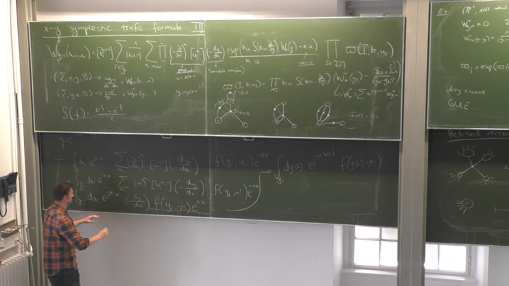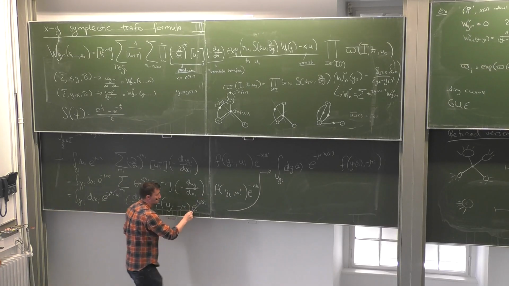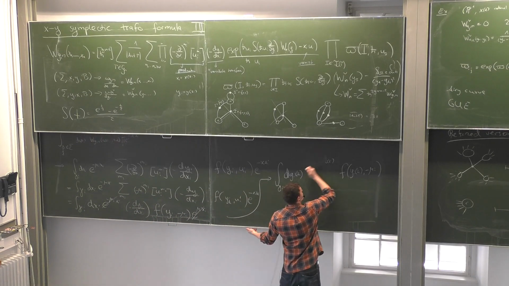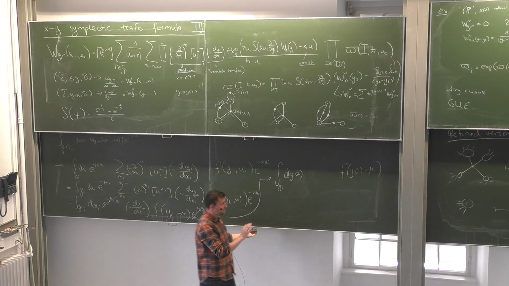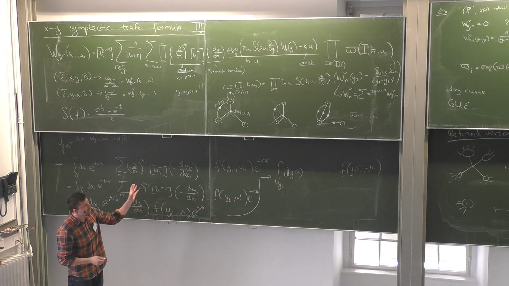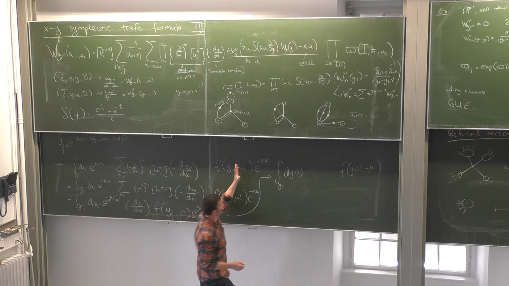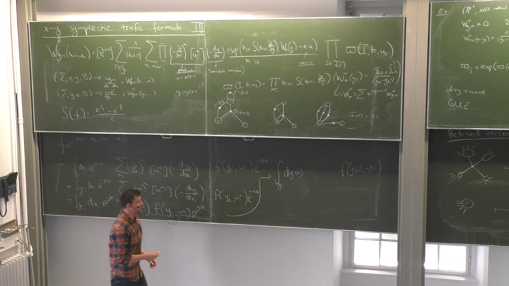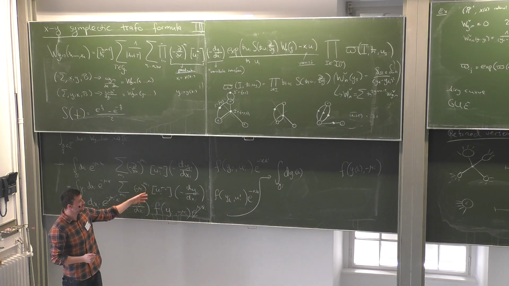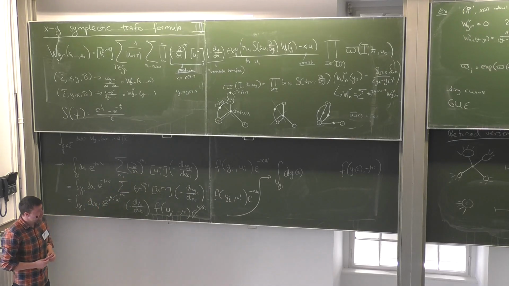This is what I forgot, sorry. And they cancel. It was also correct before, but now I just factored out this e to the xi ui. And this is even more beautiful, if you want.